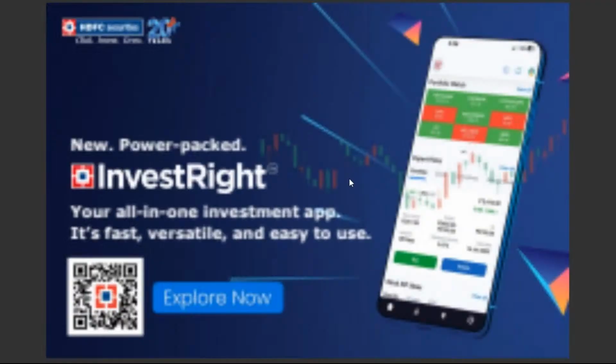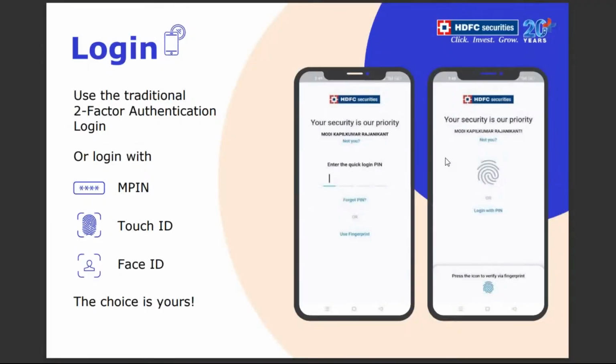So the first thing is the login page, where the customer can log in with three types of authentication. First is the MPIN. You can log in with MPIN, or with Touch ID. You can enable your fingerprint Touch ID, or you can enable Face ID also.